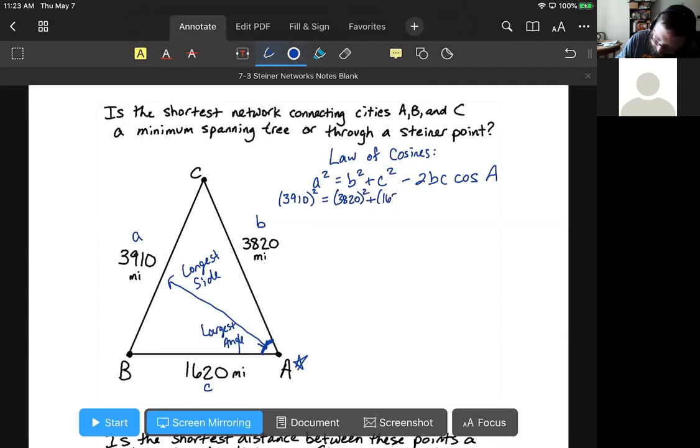Little c is 1,620. So we plug those in, and that gives us that equation. Now, we need to solve that equation for A.